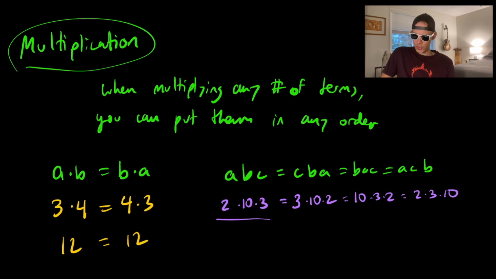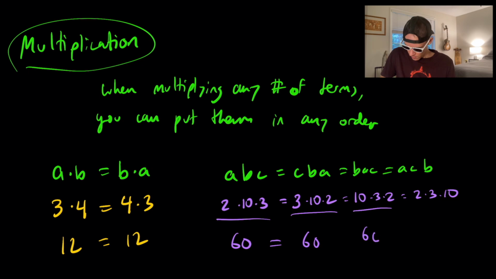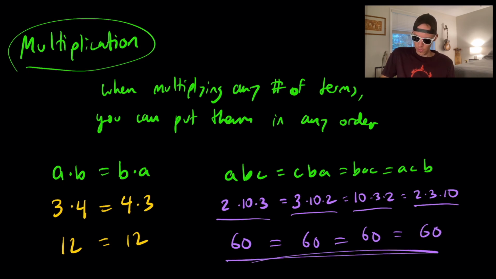So over here, 2 times 10 is 20, times 3 is 60. Here, 3 times 10 is 30, times 2 is 60 as well. Here we got 10 times 3, which is 30, times 2 is 60. And then lastly, 2 times 3 is 6, times 10 is 60. So we get the same answer for all 4 ways of rearranging those terms.